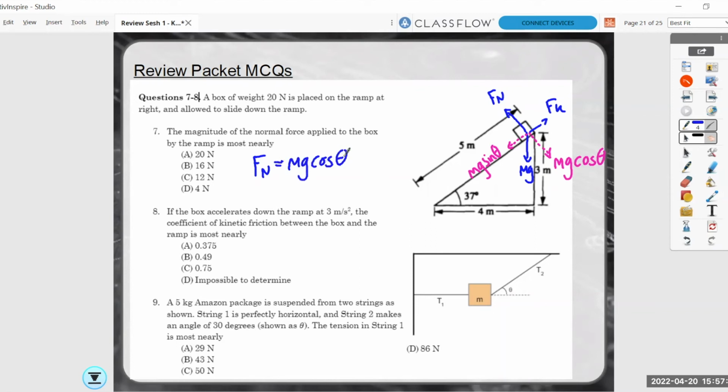And the reason they have to be equal is, again, our box is not going this way or this way. It's just moving perfectly parallel down the ramp. So those two forces have to balance. In this case, we know what mg is. The weight here is 20 newtons. Let's try to be a little clever about this. Remember, cosine is adjacent divided by hypotenuse.